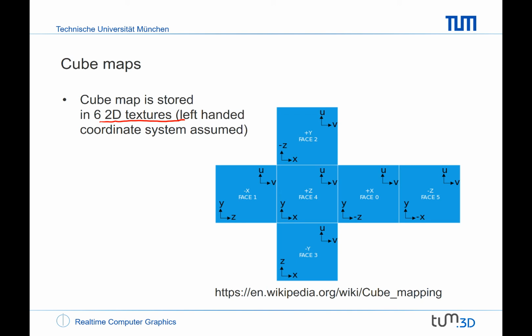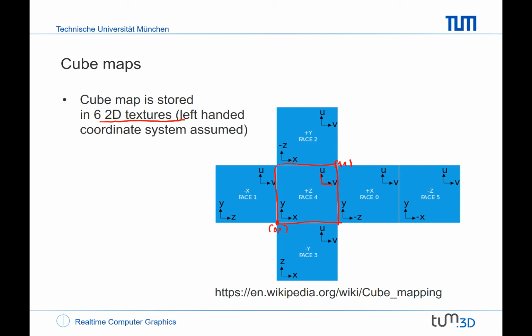If we look along the positive X and render an image, then Y is pointing upward, and X is pointing to the right according to our left-handed coordinate system. And looking at the local texture coordinates, U is pointing up, V is pointing to the right, and they start at 0, 0 and go to 1, 1.